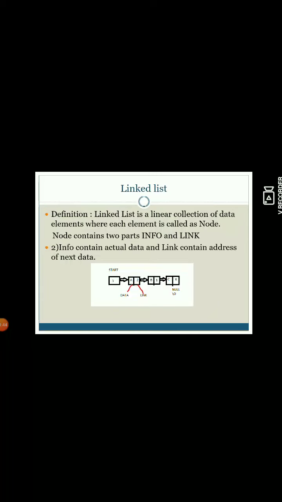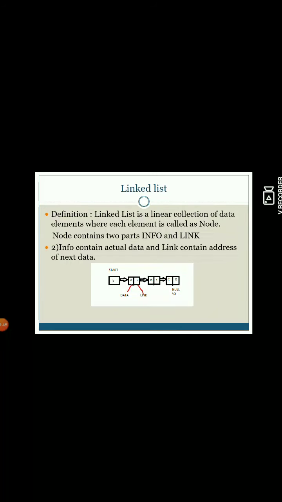But in the linked list, there is no compulsion of storing data at consecutive memory locations, but it is an example of linear data structure. Now we will see linked list in detail.